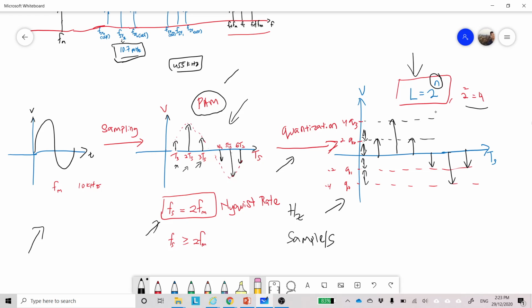Ini dipanggil sebagai uniform quantization, iaitu dia punya step size adalah sama. Okay, tetapi kita tidak boleh menggunakan uniform quantization untuk semua jenis signal. Okay, so maka ada option yang lain yang dipanggil sebagai non-uniform quantization. Okay, itu kita akan lihat pada hari ini.